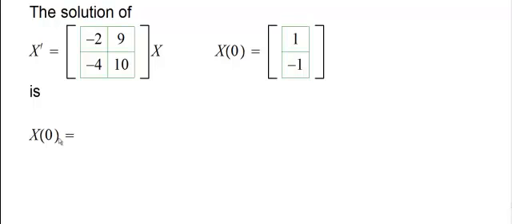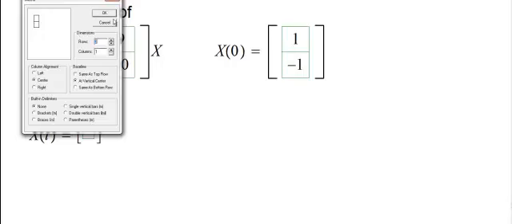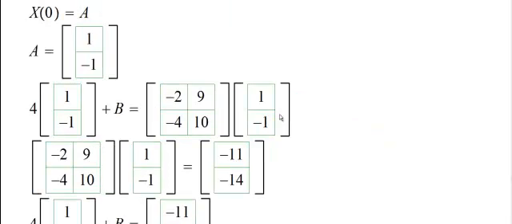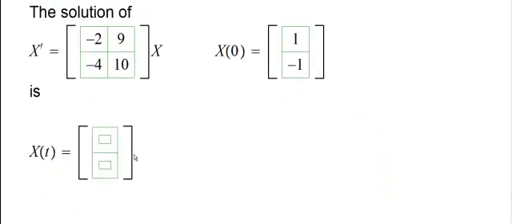X, instead of 0, we'll put t here, right? Okay, equals... what was the initial condition? 1, negative 1, right? Times e to the 4t, right? Then what we got?